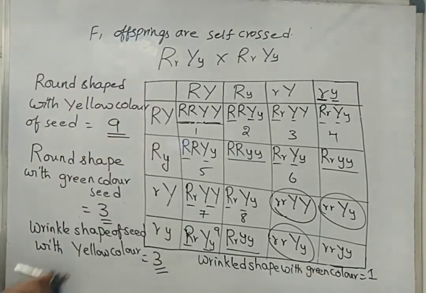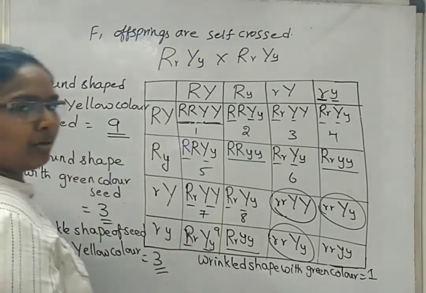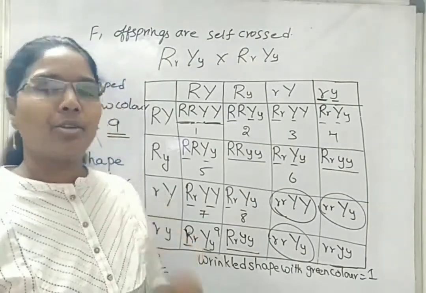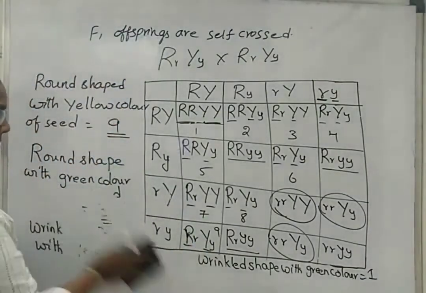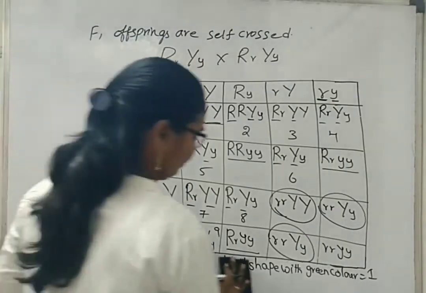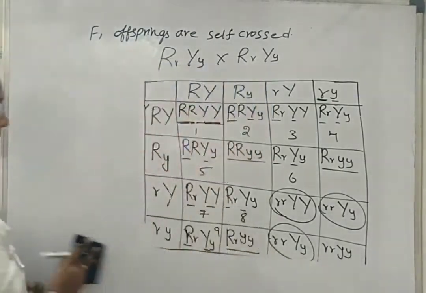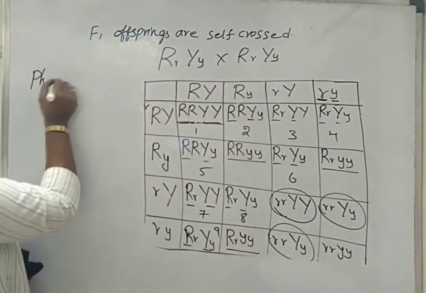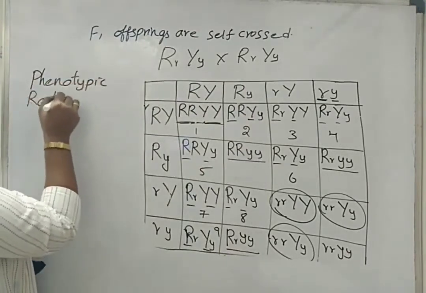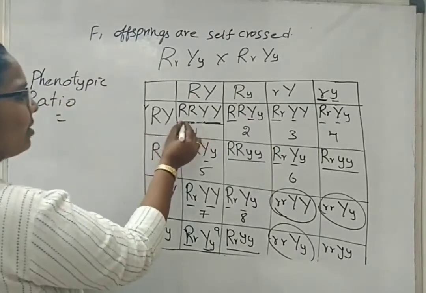From these numbers, we can easily frame out the phenotypic ratio of F2 generation of dihybrid cross. Phenotypic ratio is how many? Round, yellow, 9.